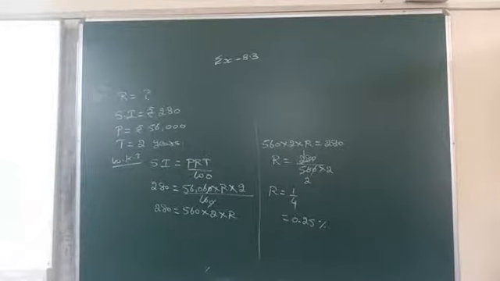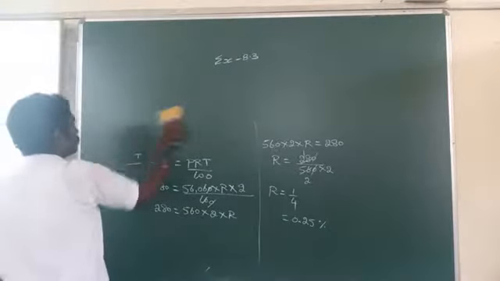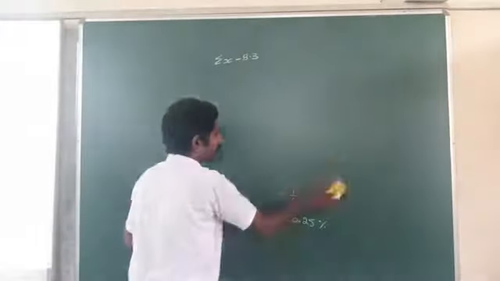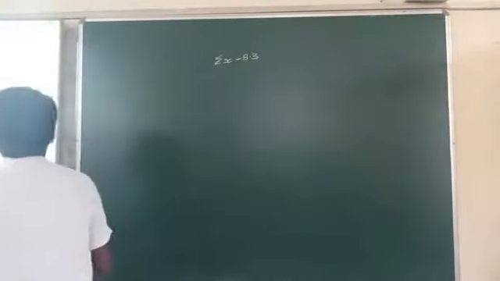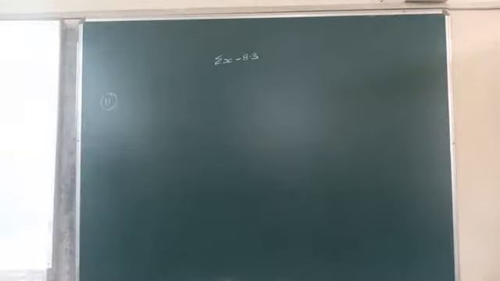Yes. Shall we move to question number 11 now? Look at question number 11. Meena pays an interest of rupees 45 for 1 year at 9% per annum. What is the sum she has borrowed?